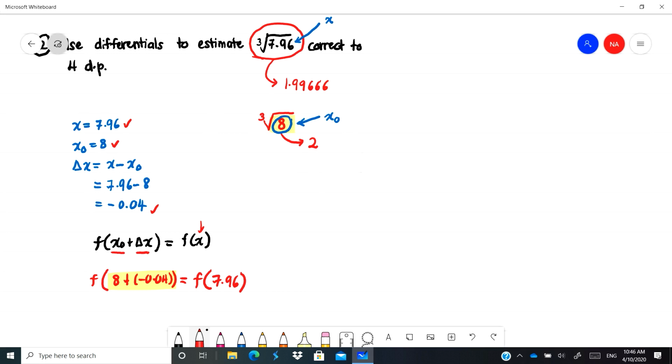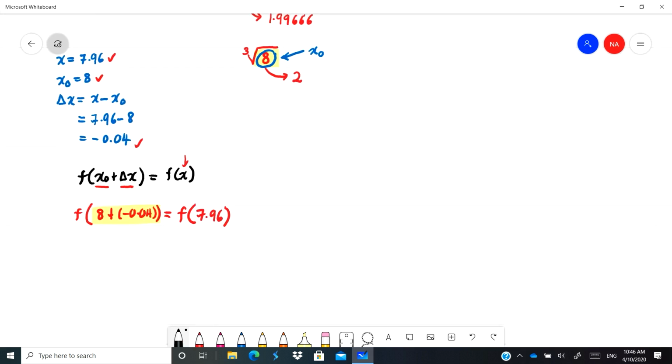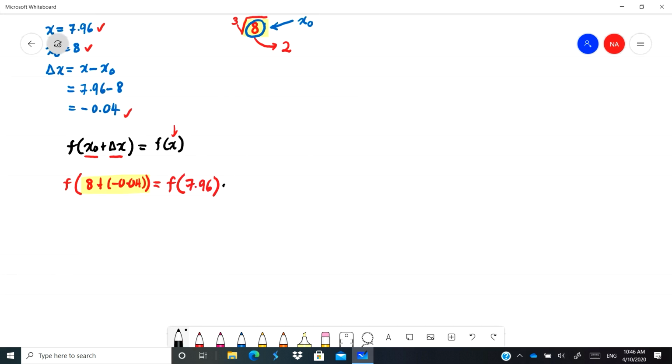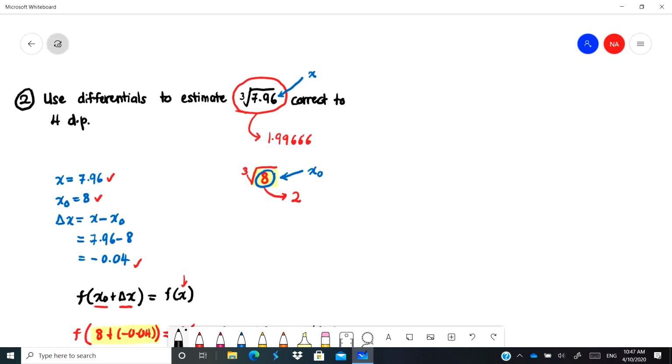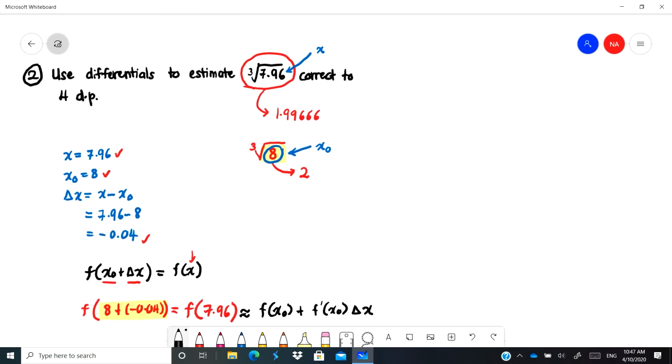Now to use the formula for differentials, f(x) is approximately f(x0) + f'(x0)Δx, which you just memorize. To do this you have to find f(x) and also f(x0).